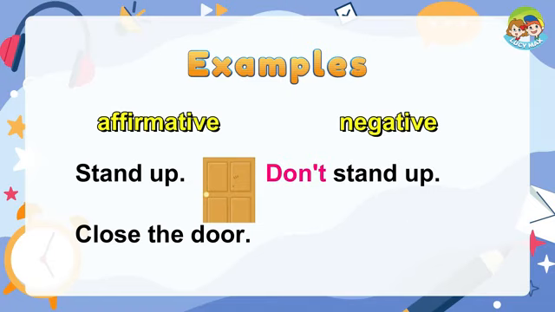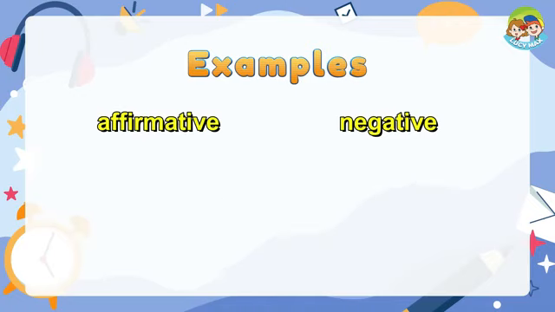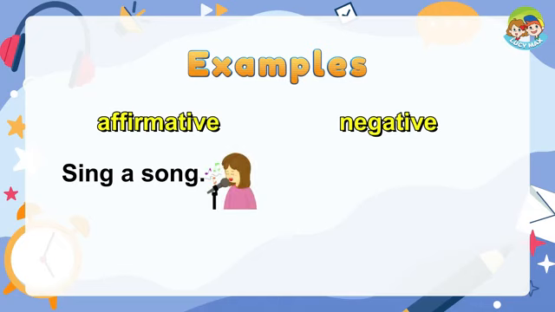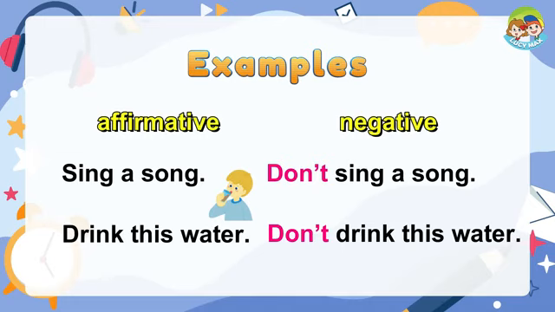Negative is, don't close the door. The next one says, sing a song. The negative form is, don't sing a song. And the last one, drink this water. The negative is, don't drink this water.